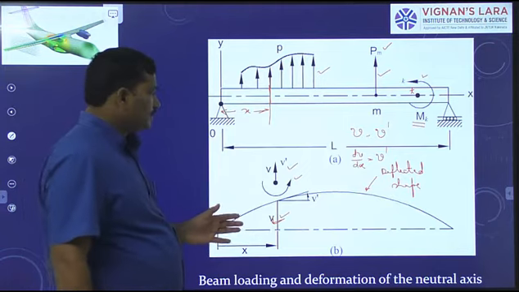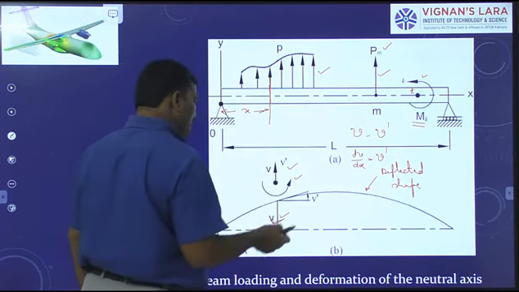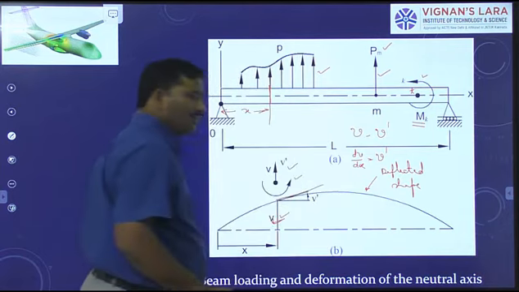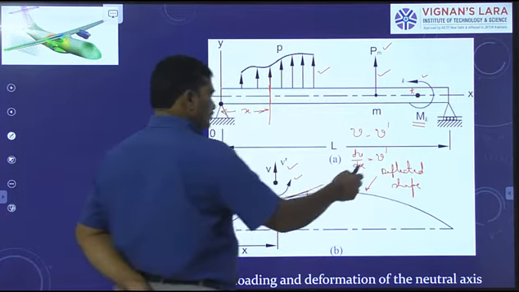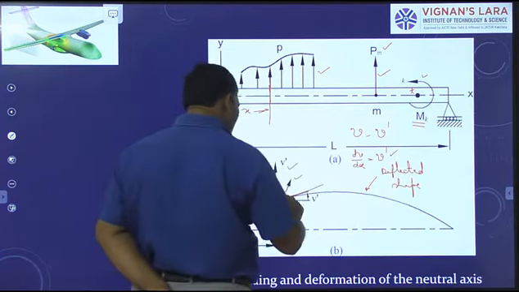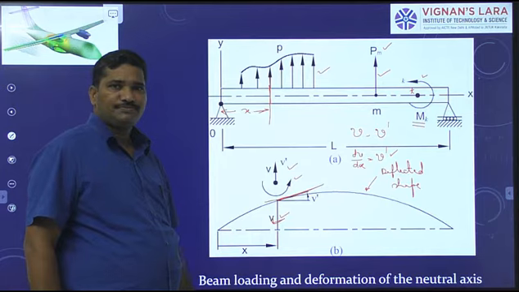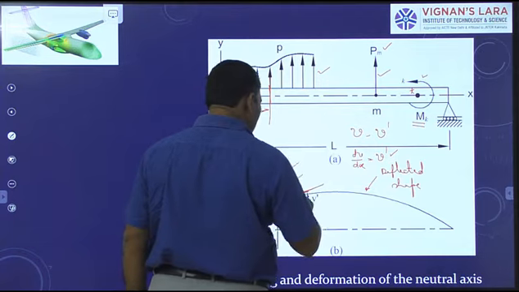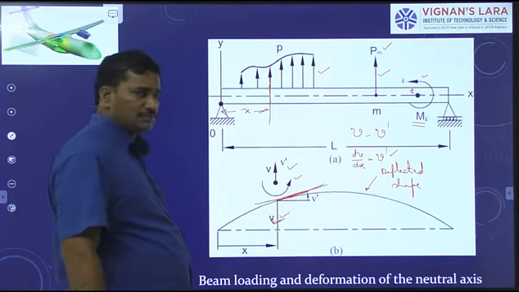So, the slope of the beam, V dash, is also represented by the slope of a tangent drawn to the elastic line at the same point. That is V dash.